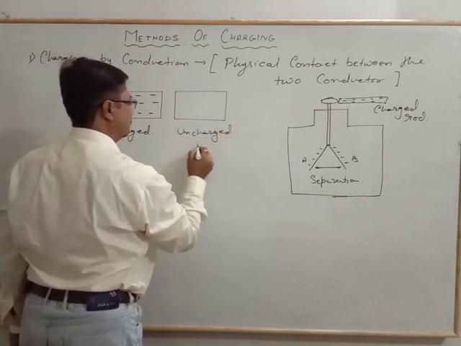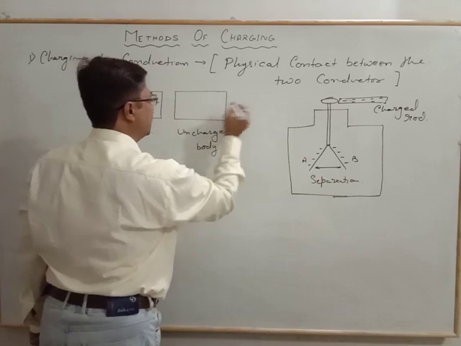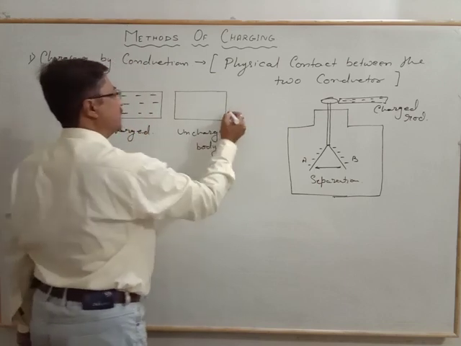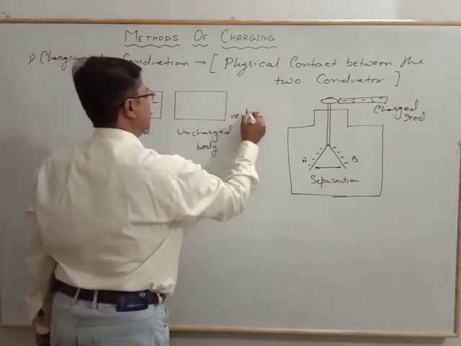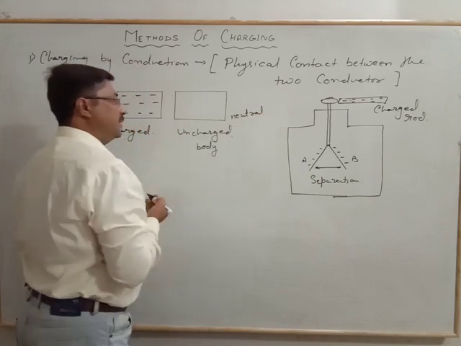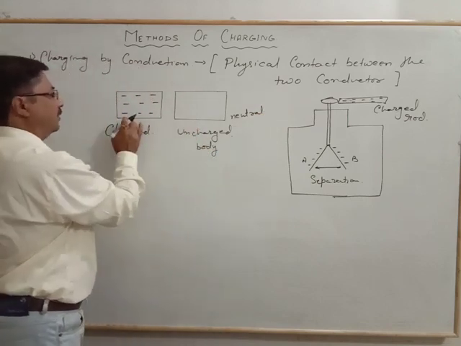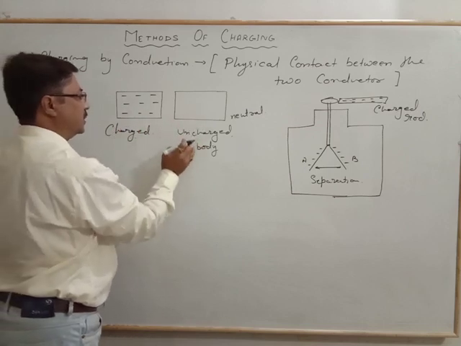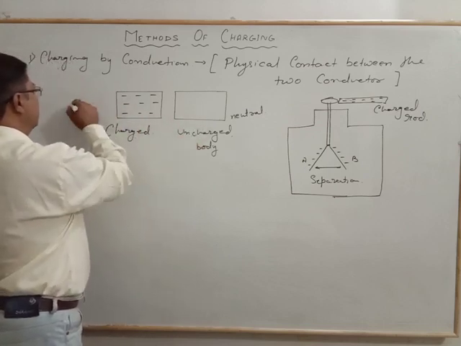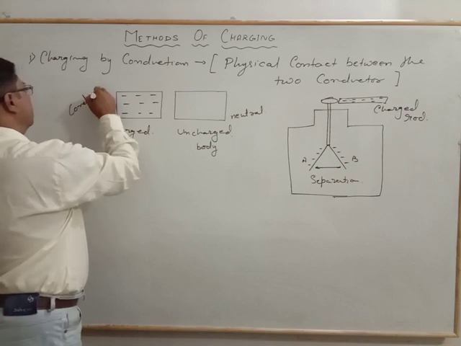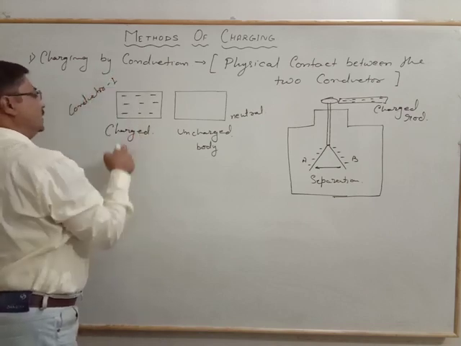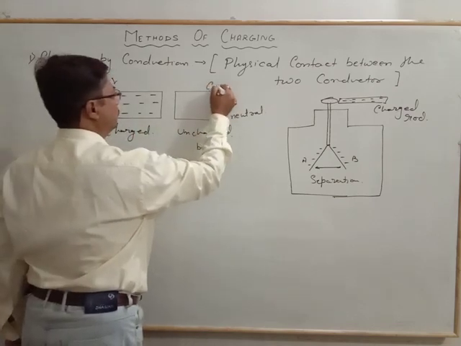Uncharged means it is neutral. Conductor 1 is charged, conductor 2 is uncharged.